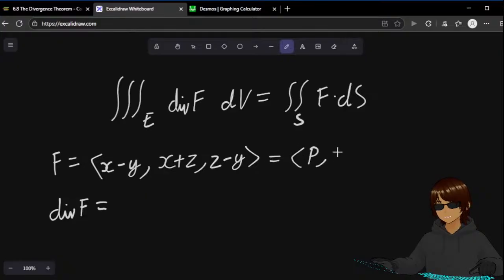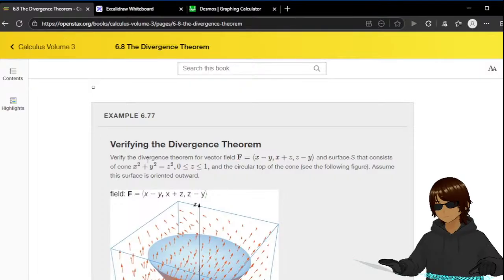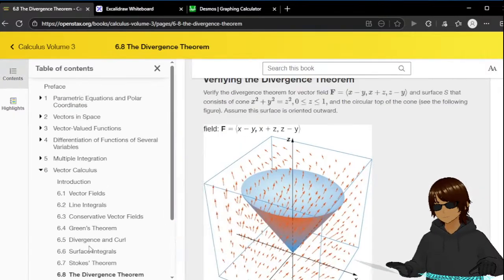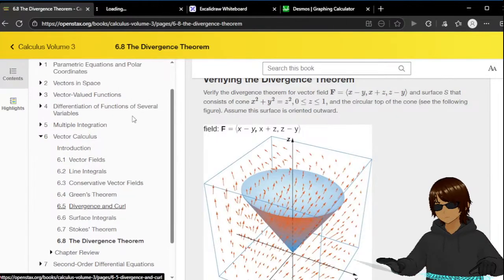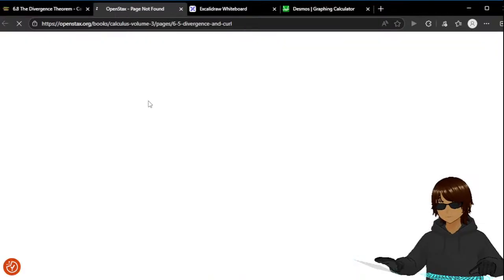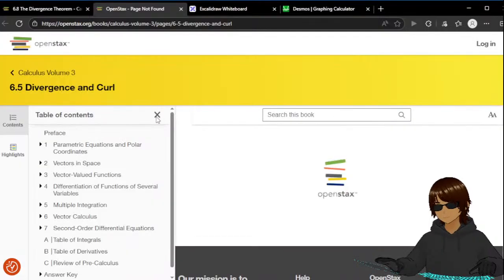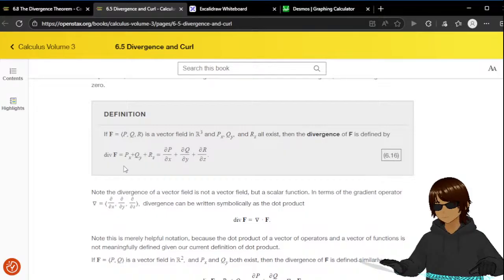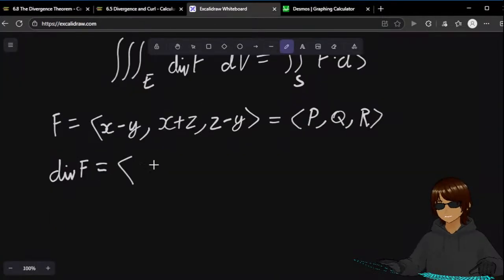We write it as P, Q, R, right? So the derivative of P with respect to x, derivative of Q with respect to y... No, divergence is a scalar value, right?